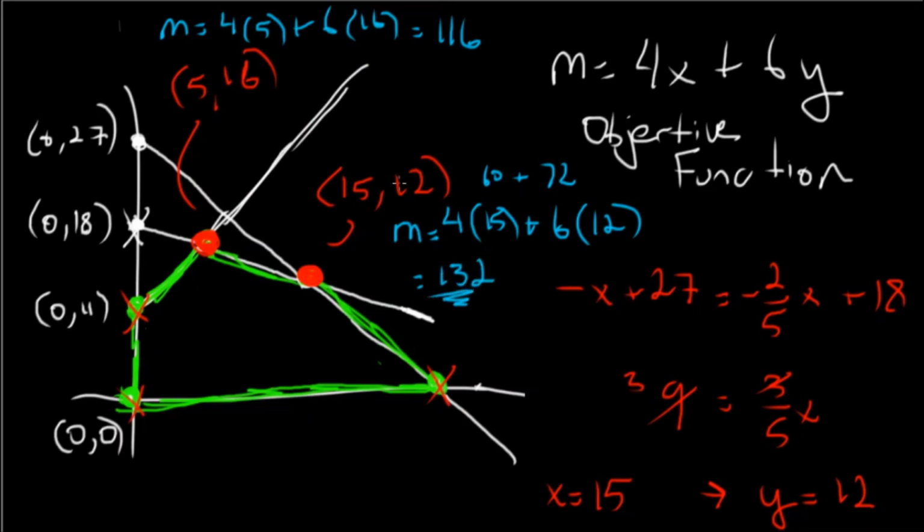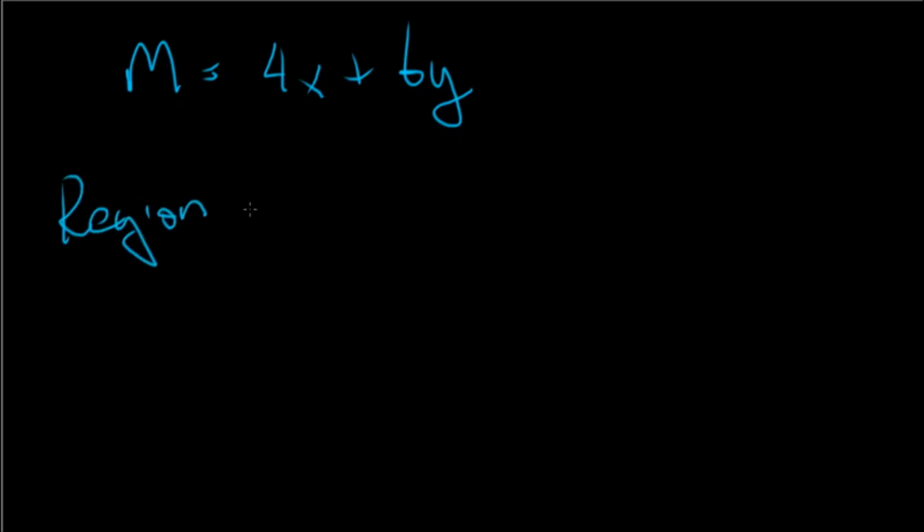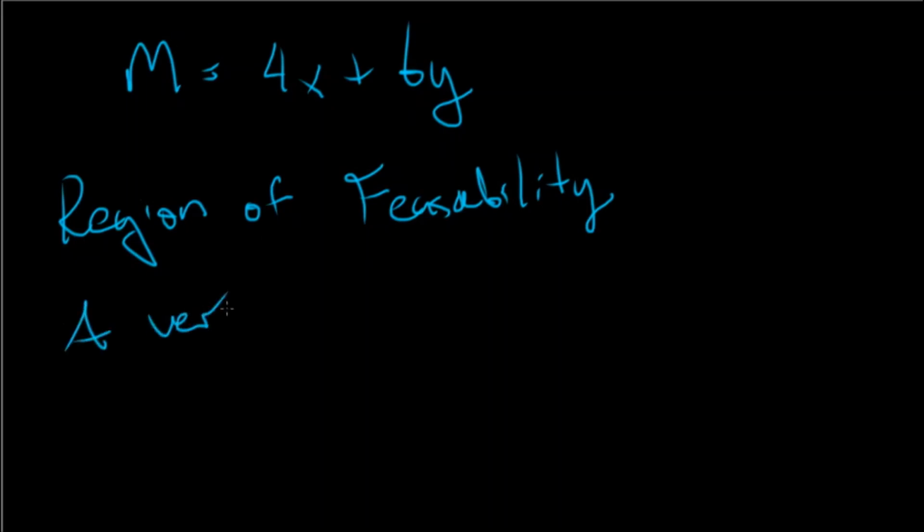All right, 15, 12. We wanted to maximize 4x plus 6y. We had a set of constraints which we call the region of feasibility. Because of that, we were looking within this region and figured out that a vertex must be the solution.